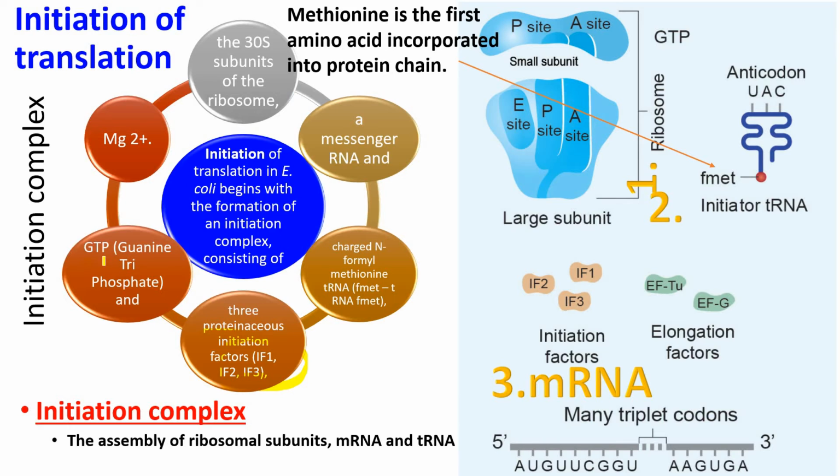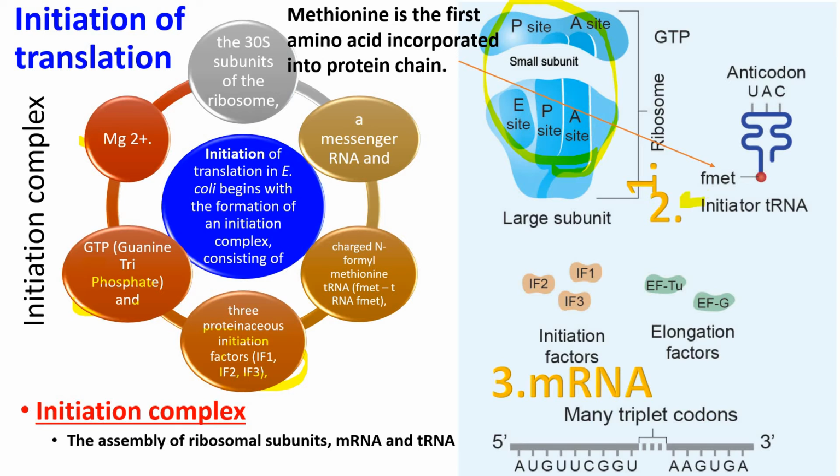Then we have GTP, that is guanosine triphosphate, and lastly Mg2+. These are all the initiation complex for translation. How does it take place? Here methionine is the very important first amino acid incorporated into the protein. Here you can easily find the three complexes, the ribosomes.